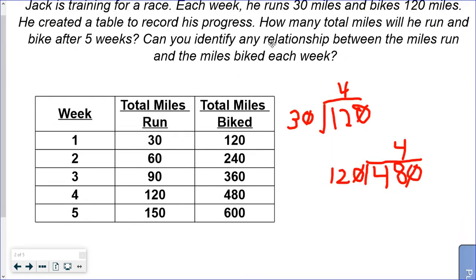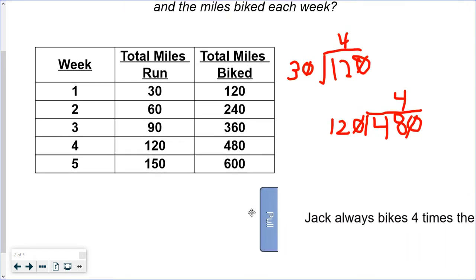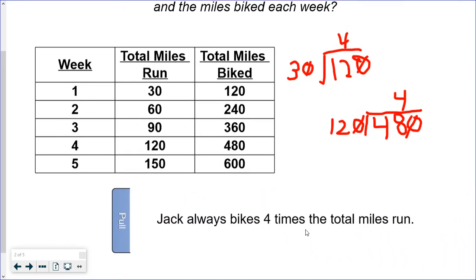So when it says, can you identify the relationship, we're going to say Jack always bikes 4 times the total miles that he ran. So the total miles he biked is always going to be 4 times the amount that he ran.